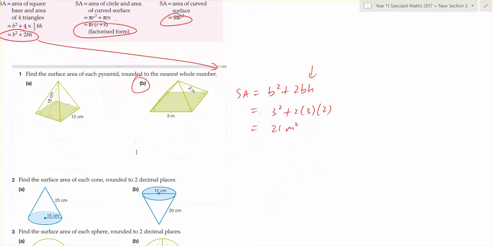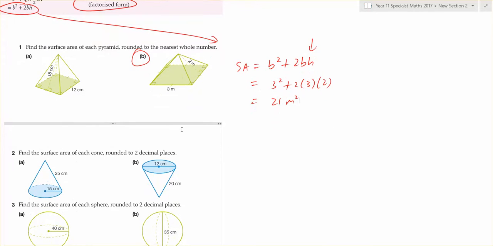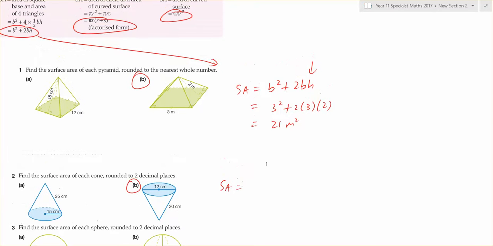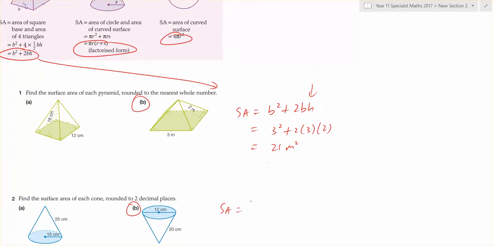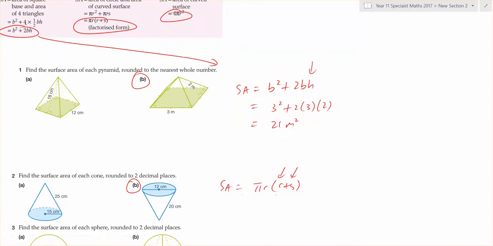Let's go to the second one. We've got the surface area of the cone. If I do 2b, be careful when using the formula for the cone. The surface area of a cone is given by pi r plus s, where r is the radius and s is the slanty side. Be careful, this is the diameter, so the radius is 6.